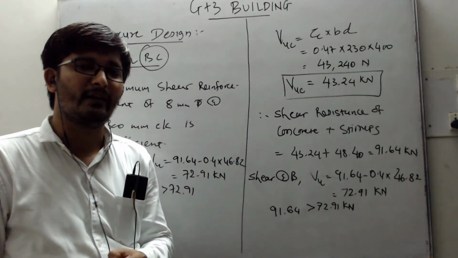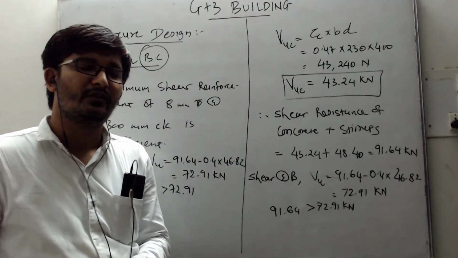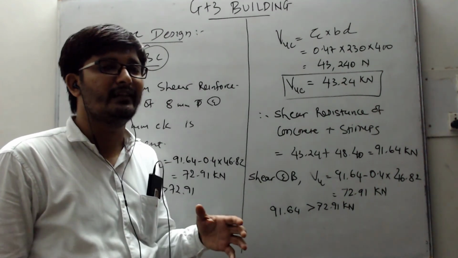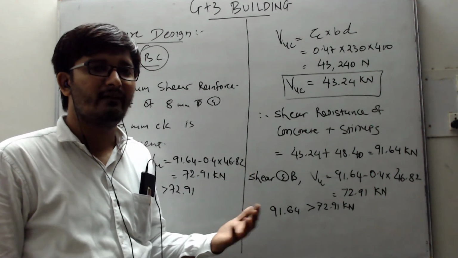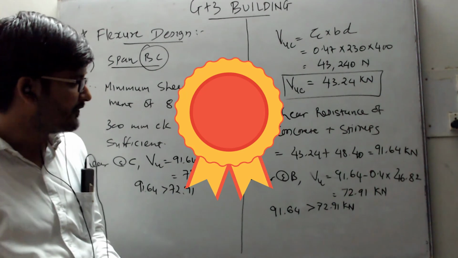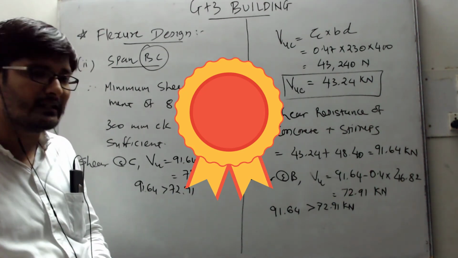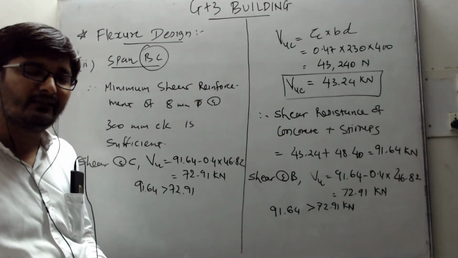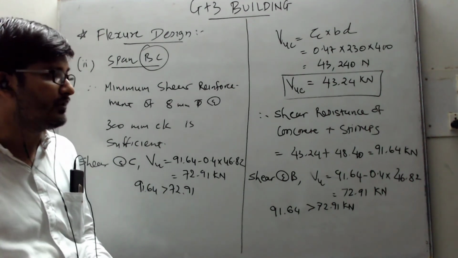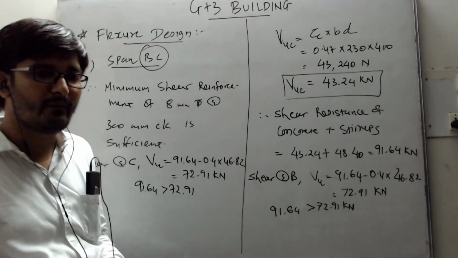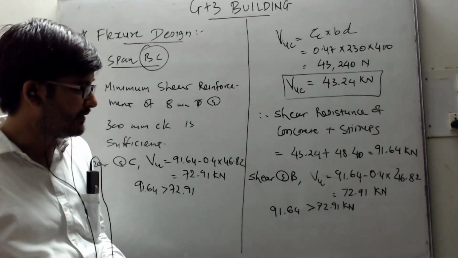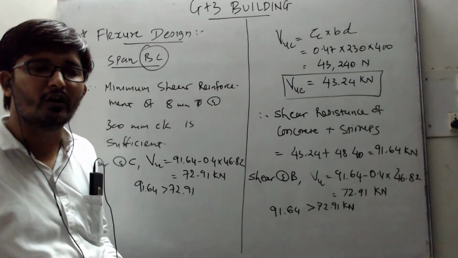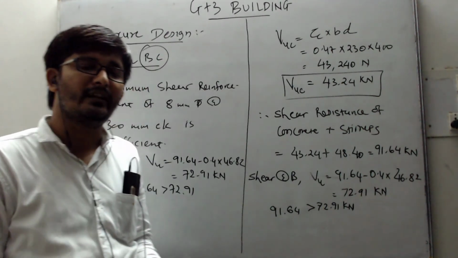There are a number of spans, so we will follow the same procedure. The only thing is that the loadings will be different. So this completes our design of the beam. In the next session we will do the detailing of the beam, and after that we will start with the design of the column. Thank you so much for watching, and we'll see you in the next lecture.